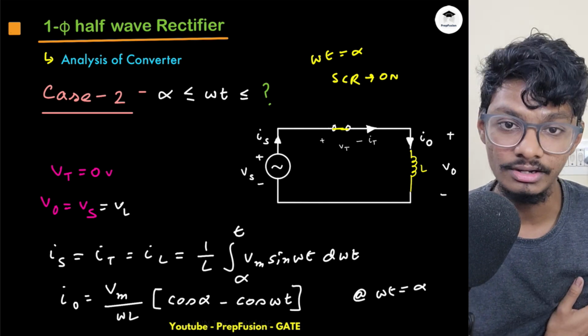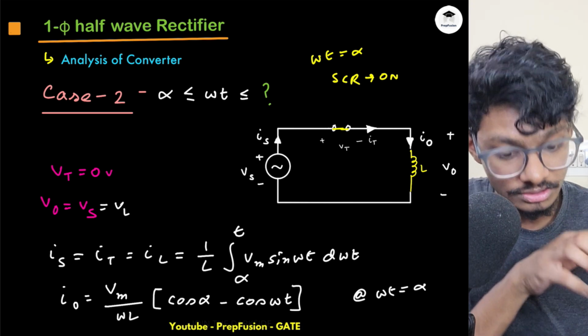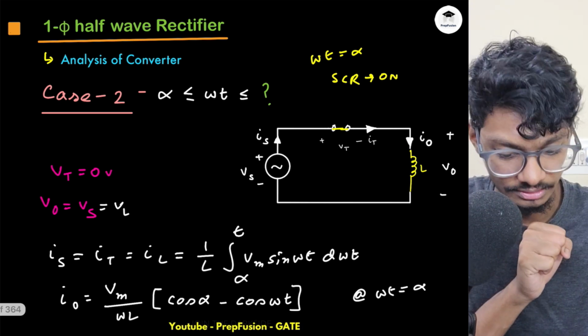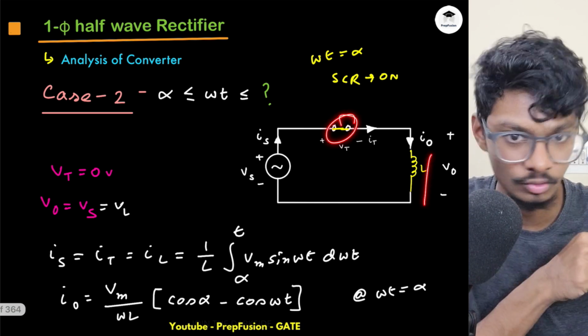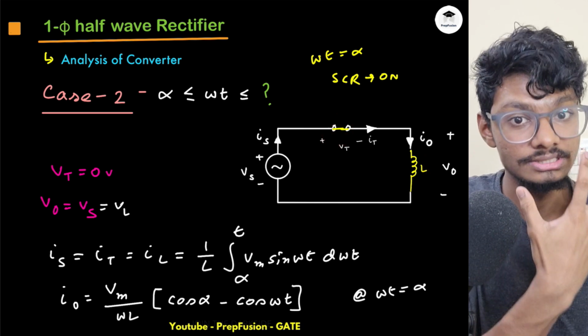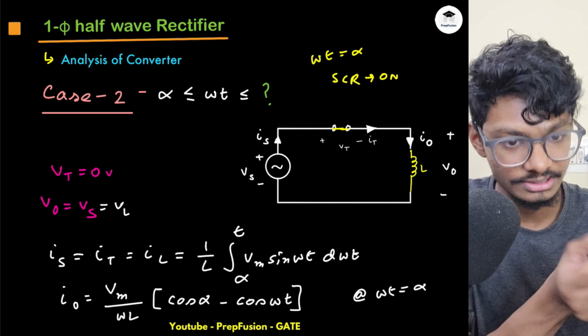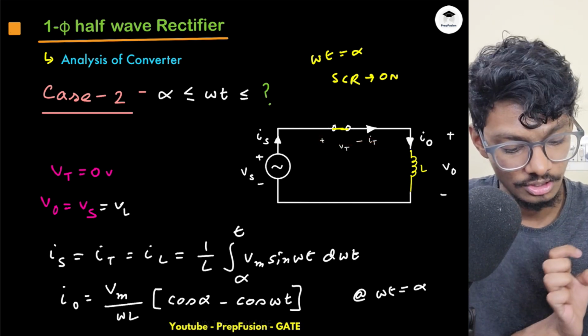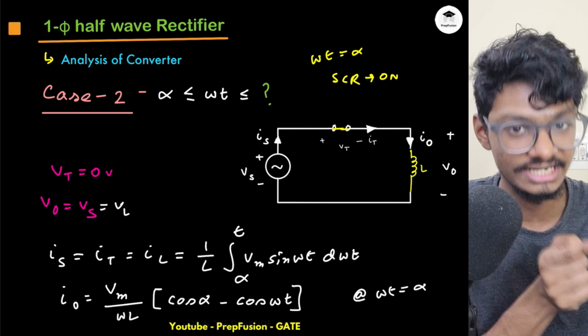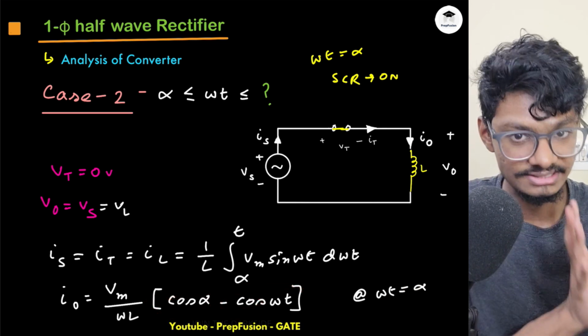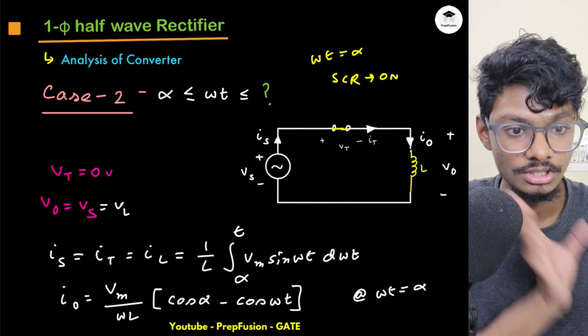At omega t equals alpha, the current should be 0, because just before alpha the SCR was off and there was no current flow. So the inductor will try to keep the same current just after alpha as the SCR is turned on. If I put omega t equals alpha, this is satisfied. This becomes 0, and as this becomes 0, the current becomes 0.